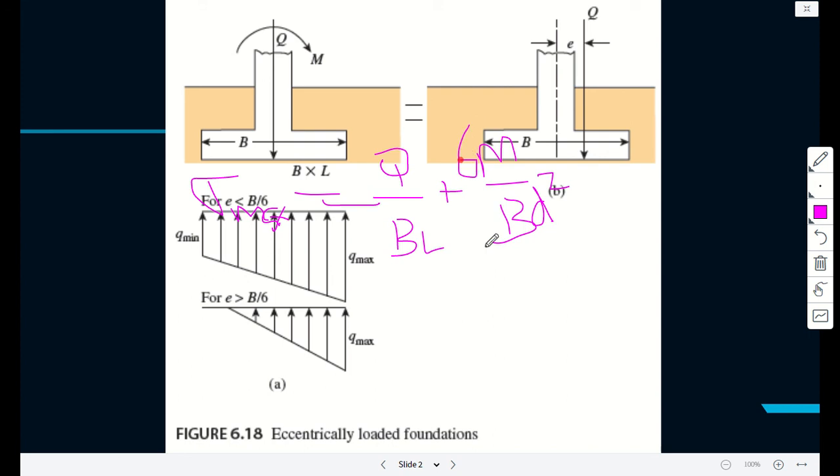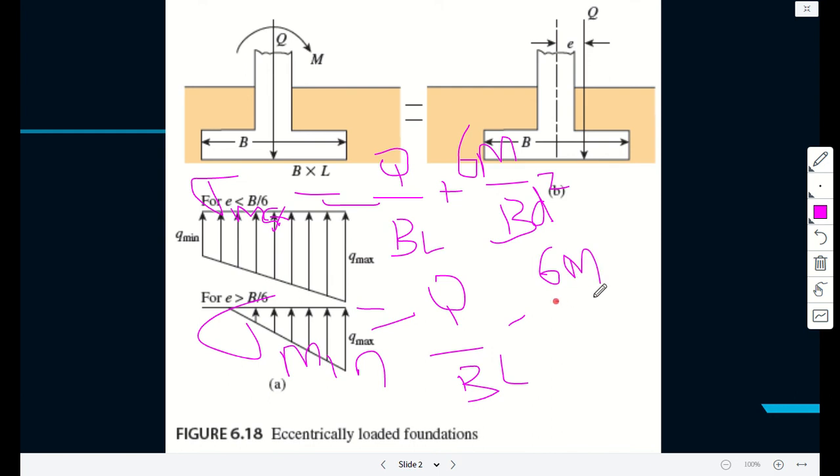This is 6, sorry. And then, of course, sigma min would be Q over BL minus 6M over B D squared.